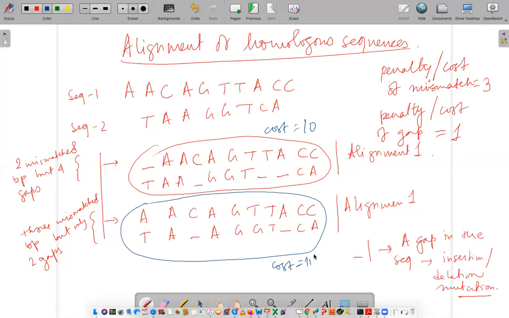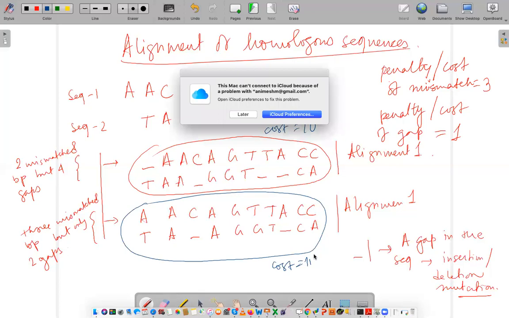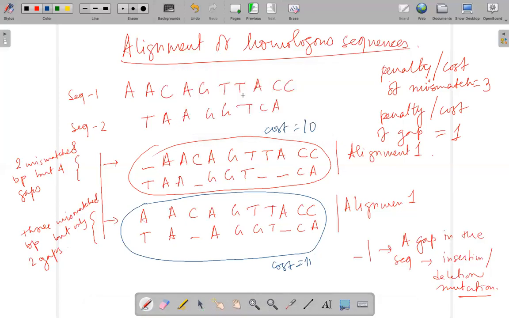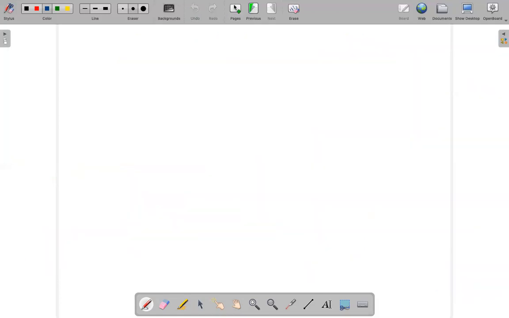However, depending on the input cost of the gap and the mismatch, we have to estimate the overall alignment cost and accordingly decide for the preferred choice.